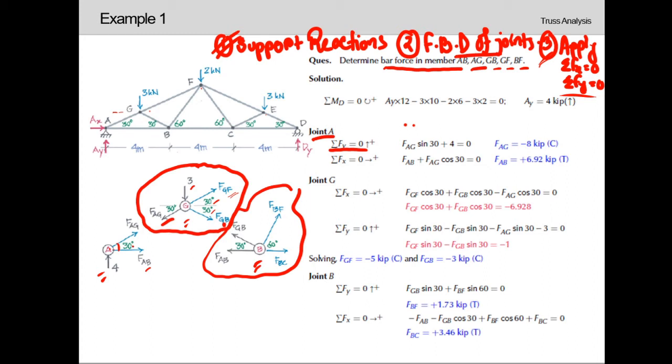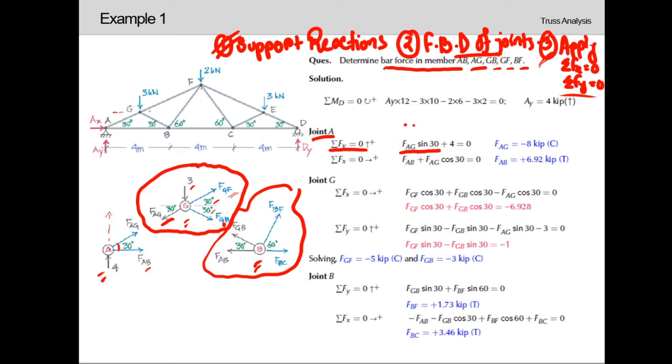As the angle is given with the horizontal, its vertical component will be the sine component. That means its vertical component will be FAG sine 30.